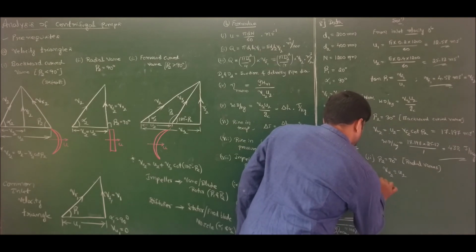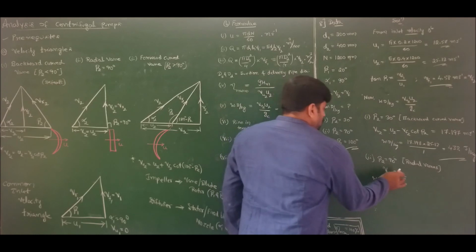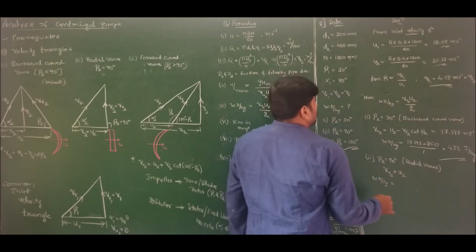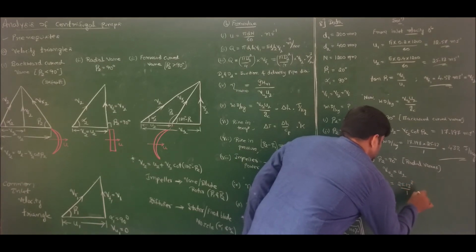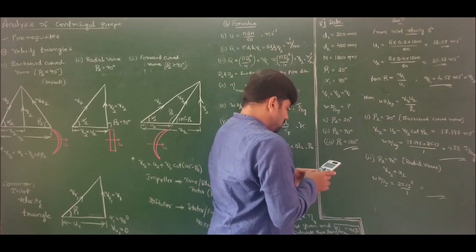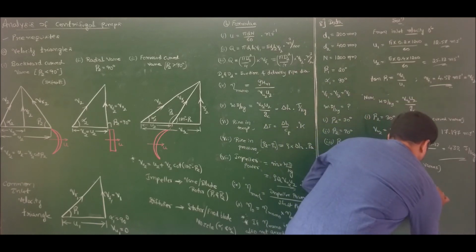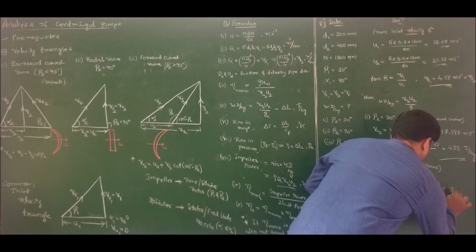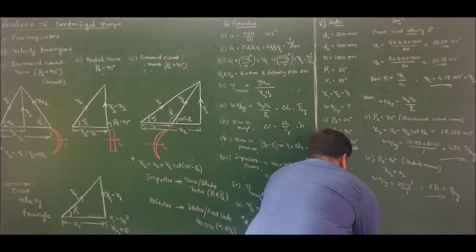So work done per kg is u2 square by gc. u2 is 25.13, squared, by gc which is 1. So work done per kg is 25.13 squared, that is 631.5 joules per kg.